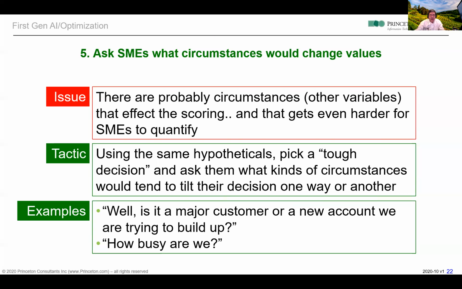If we're really, really light, I'd drive 20 miles, that's better than nothing. Or they might say, boy, if we're really busy, I'm not sure I would even be able to drive 5 or 10 miles because we'd clearly be dropping something else. So tip 5 is use different scenarios to see if you can extract some other variables that impact this cost or bonus.